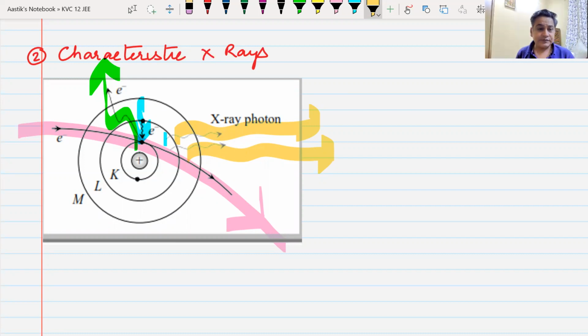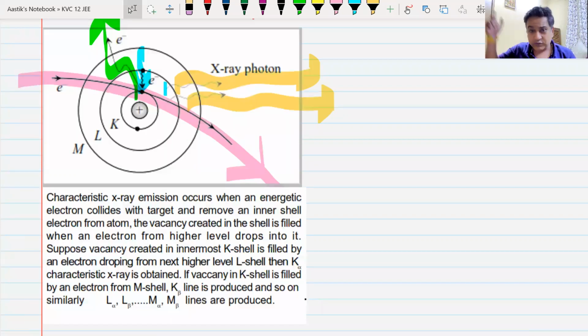Characteristic X-rays come out when an inner shell electron has been knocked out of the inner shell and a higher electron occupies its space. That is how the characteristic X-rays are produced.